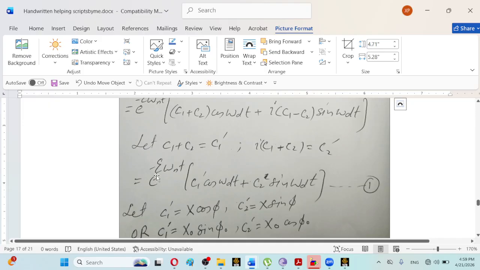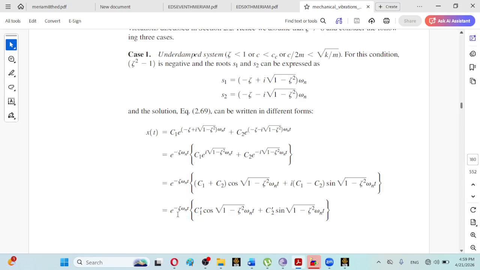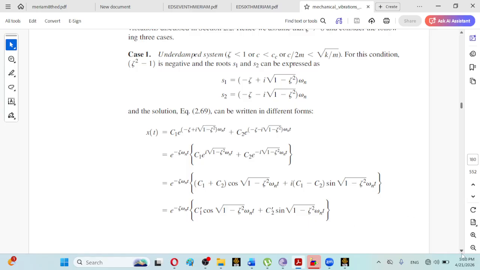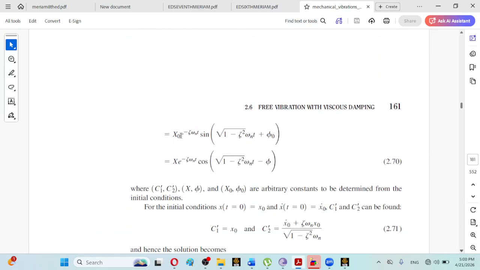So here, as we can observe, e to the power minus damping factor into ωn t, and here it will become C1 dash cos ωd t plus C2 dash sin ωd t. So you have approached up to this fourth line: e^(−ζωn t) times C1 dash cos ωd t and C2 dash sin ωd t. After that, the important thing is that it has been written in the compact form, like equation 2.21, as we had observed.